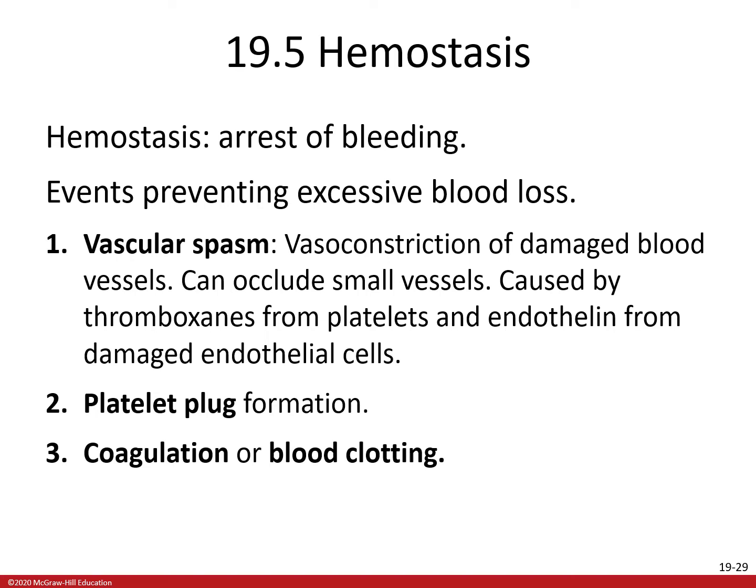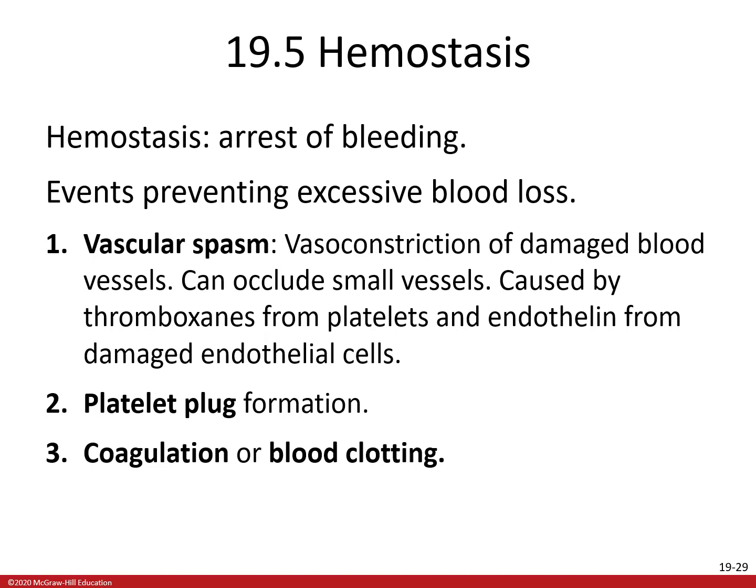The first is going to be vascular spasms. This is going to consist of vasoconstriction of damaged blood vessels. So remember the difference between vasoconstriction and vasodilation. Vasoconstriction is going to tighten that area. It's going to make it smaller so that there is less blood traveling through. Meanwhile, vasodilation, just to make sure we know these terms, is going to expand that area and allow more blood flow.